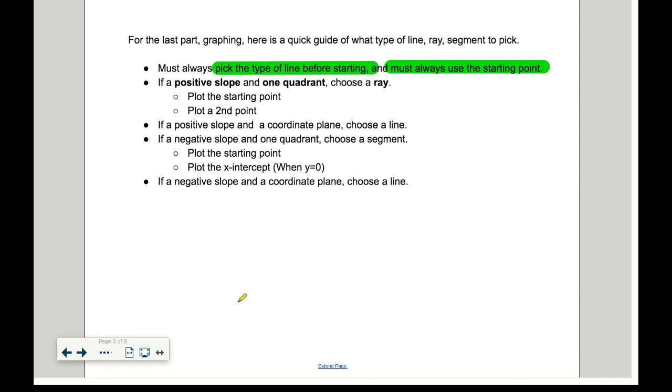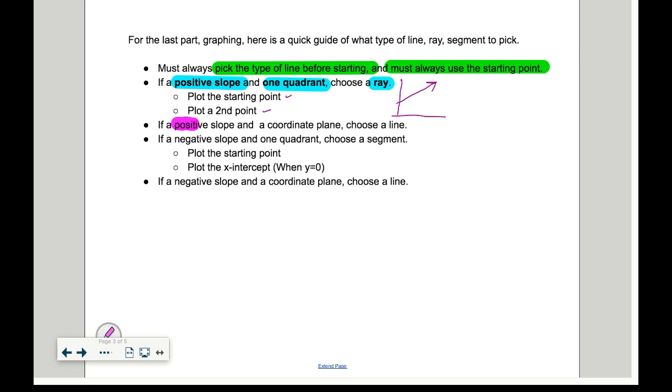If it's a positive slope and you only see one quadrant, then you're going to choose a ray. And that's going to look like this when you are in your quadrant. It's going to look something like that. So you're going to plot the starting point and then you're going to plot a second point that you're either going to get from your graph, from your table, or something else that's there.